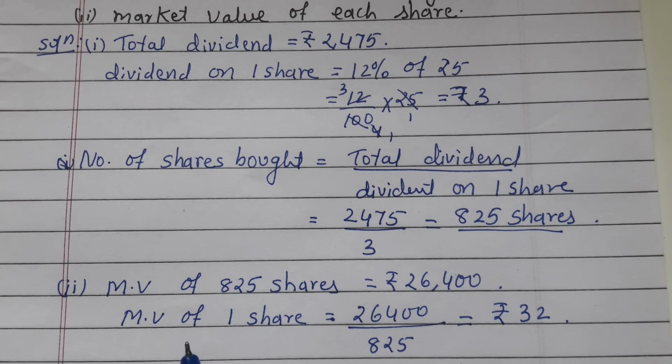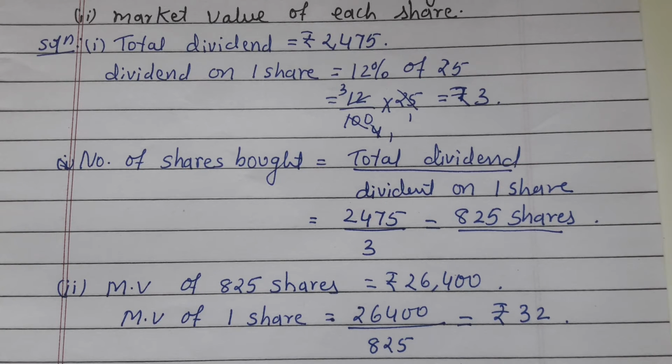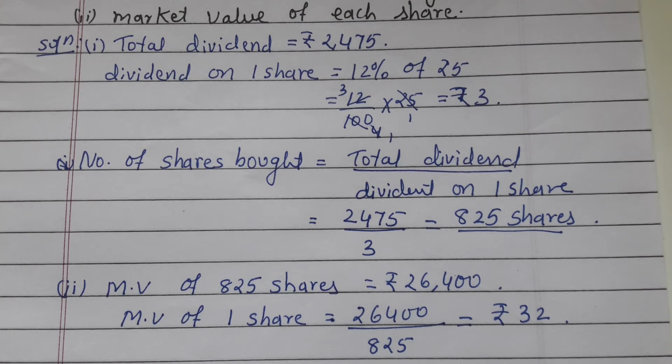MV of 825 shares is rupees 26,400. Therefore, MV of 1 share is equal to 26,400 upon 825, equal to rupees 32.